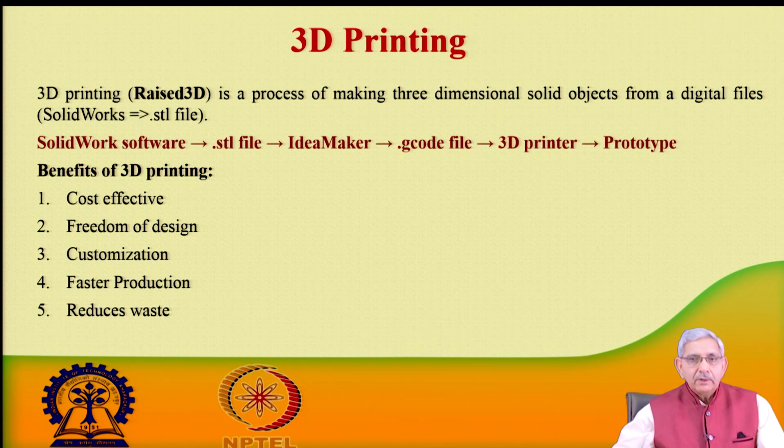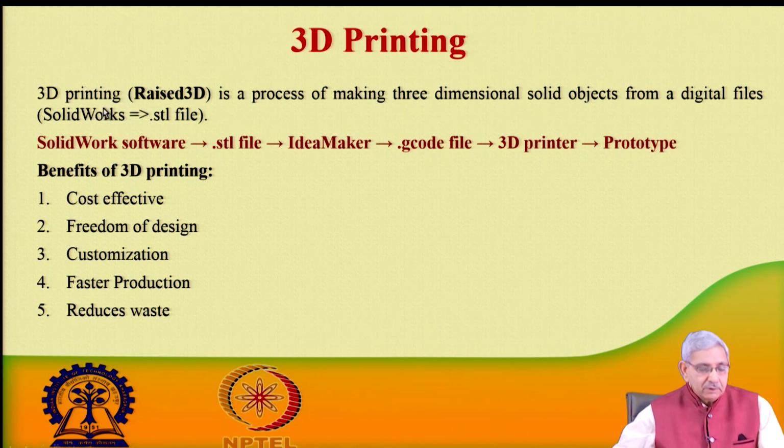Now, after learning the flow simulation and the pressure distribution in the dripper and being satisfied that it is satisfactory, we go for 3D printing. For 3D printing, we used a Ray 3D printer. 3D printing is a process of making three-dimensional solid objects from digital files.